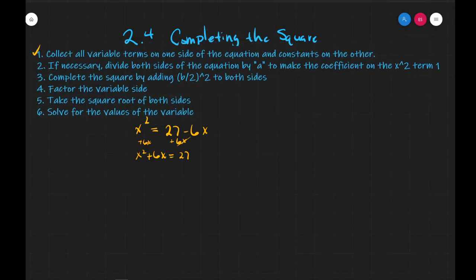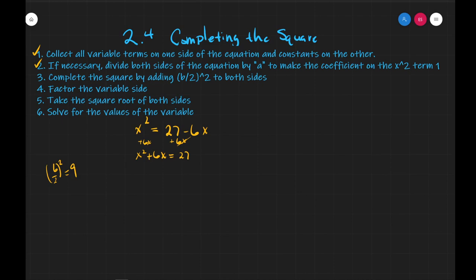Okay, wonderful. To make the coefficient on that x squared term 1, here it is 1, so we don't need to divide anything. So cool, done. Now we want to complete the square by adding b over 2 squared to both sides. So we're going to take 6 over 2, we're going to square that, and that's going to be 3 squared, which is 9.